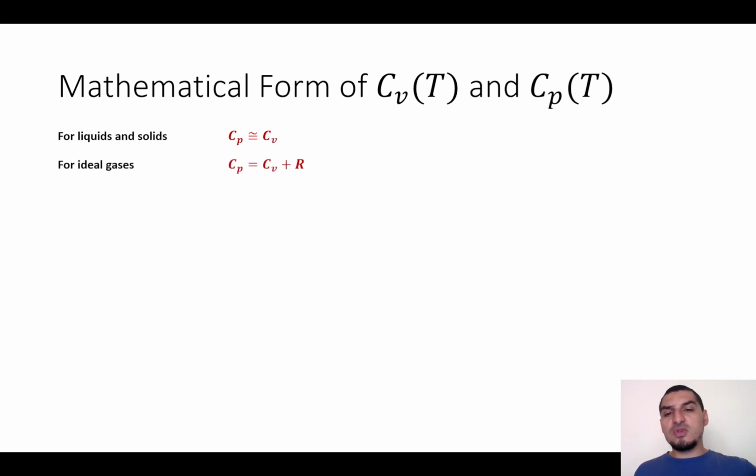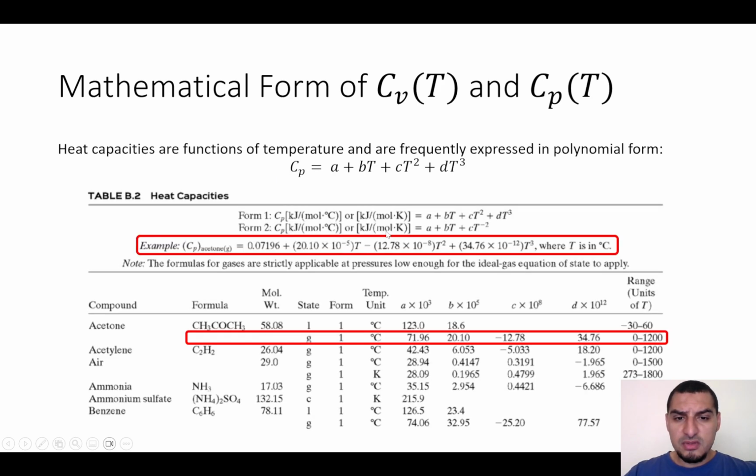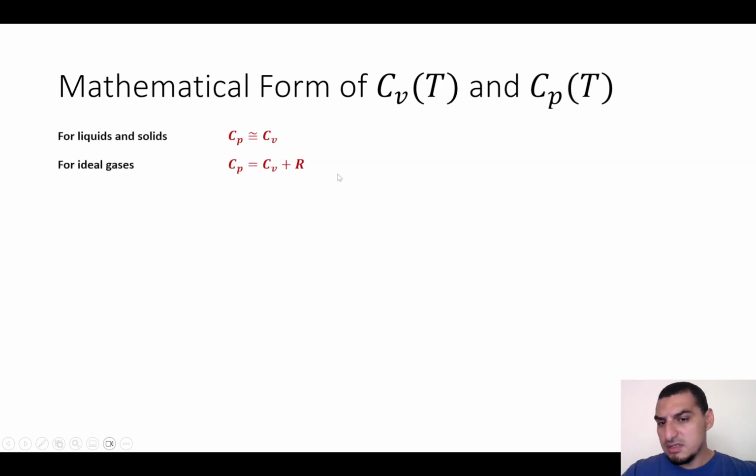For ideal gases, we have this very nice relation which says that Cp equals Cv plus R, where R is the universal gas constant, and we know that R has the same units as the heat capacities. We know it's 8.314 joules per mole Kelvin, and if you compare it to here, it's kilojoules per mole Kelvin. So it's the same dimensions.